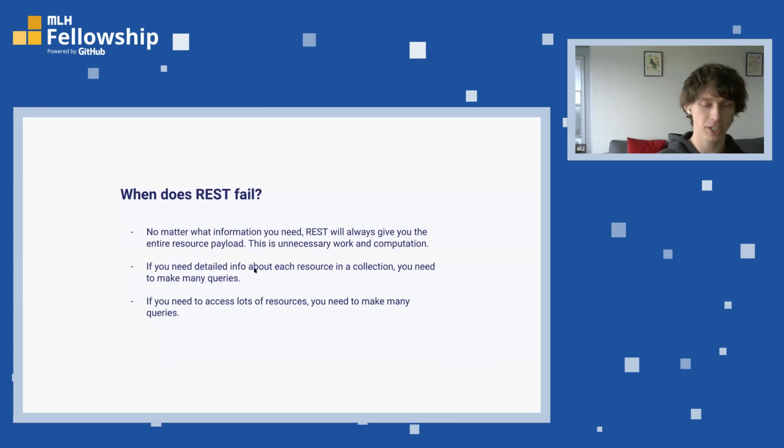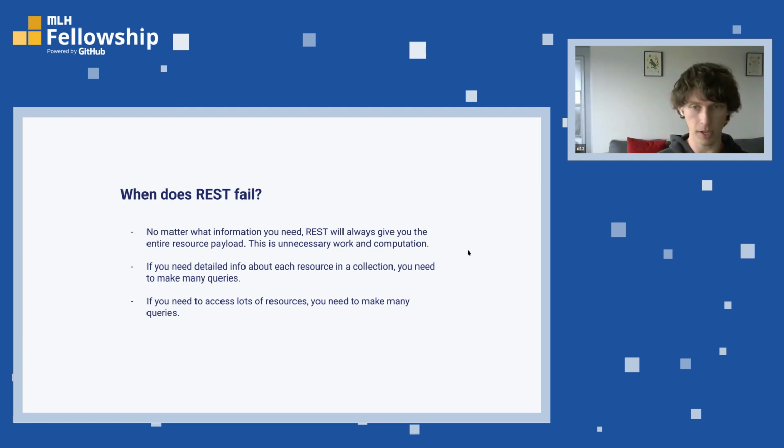If you need detailed information about every resource in a collection, you're going to have to make many queries. You can query for a collection, but like I said, it's only going to give you very limited info about every resource in the collection. So typically, when you need detailed information about every resource in a collection, like maybe I want the email of all of my friends, what I have to do is send a request to the collection to get the URLs of all of those users, and then send another request for every user that I need.